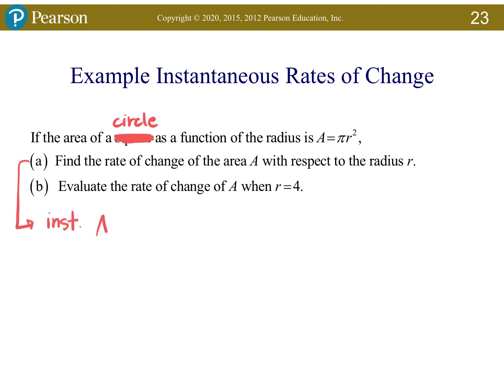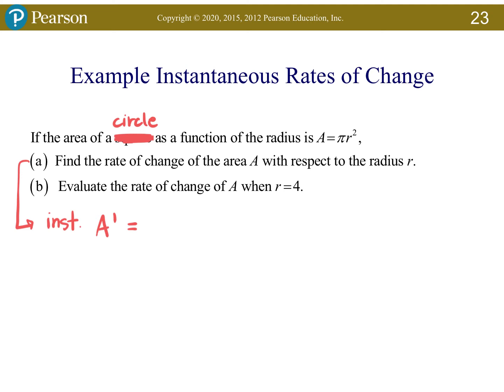And so we want to find A prime. What rule do we need to find A prime? Product. Why product? Because pi is not a variable, it's a constant, so pi is being multiplied by r squared. The product rule will work. Christian?